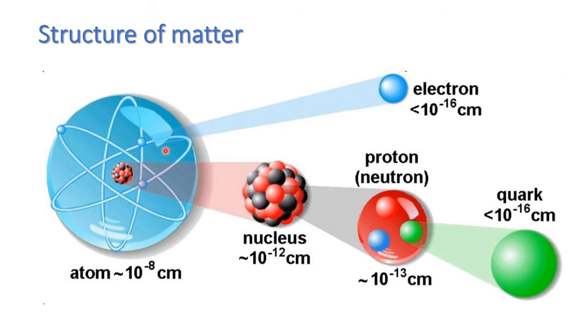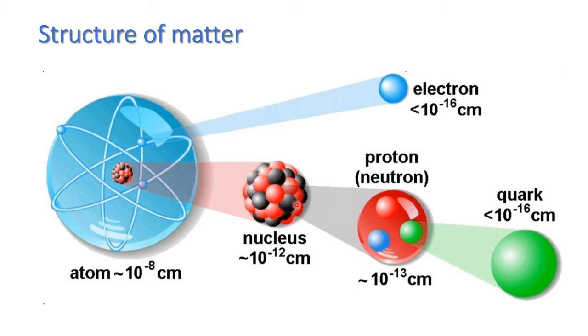But thereafter, once Thomson found the electron and Chadwick found the neutron, things were developed. So the subatomic particles were found within the atom. Therefore, if this is the atom, with a diameter of 10 to the power minus 8 centimeter, the nucleus is smaller than that, and it is inside.